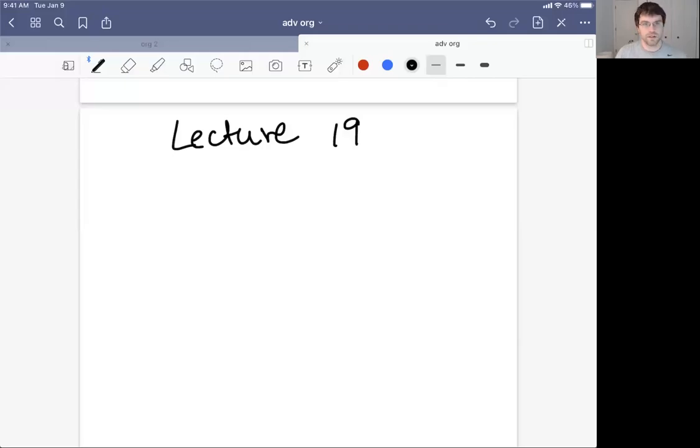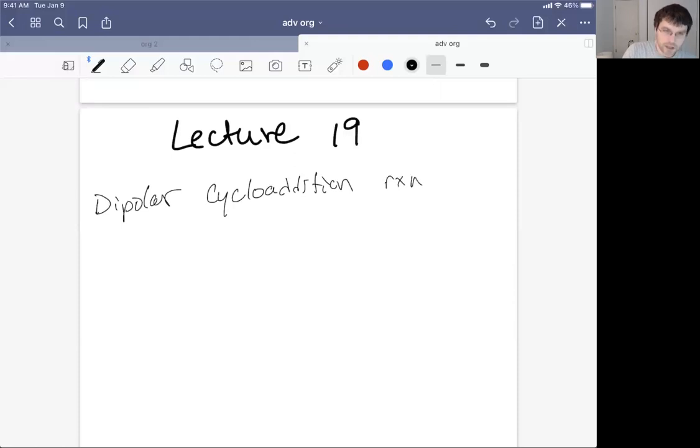So in this lecture, I want to continue our discussion of cycloaddition reactions and move into the next category, which are dipolar cycloaddition reactions. Now, actually, in many cases, these are called 3+2 cycloaddition reactions.